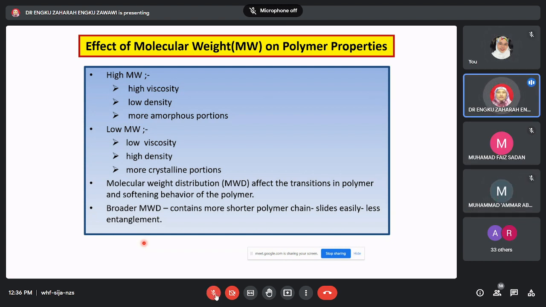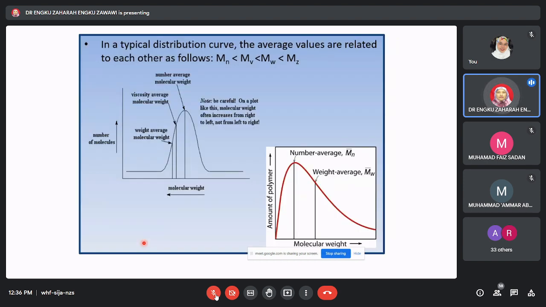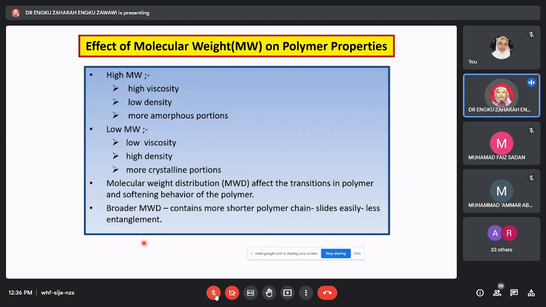Okay, saya tak terkeluar. Okay, so the effect of molecular weight, MW, on the polymer properties, kita tengok. So it's very important to know because this average molecular weight or molecular weight distribution ni, dia effect kepada viscosity, dia properties lah. For example, high molecular weight polymer normally has high viscosity, sebab bila berat molekul dia tinggi, maknanya rantai polymer tu panjang, so payahlah dia untuk kita disturb dia.